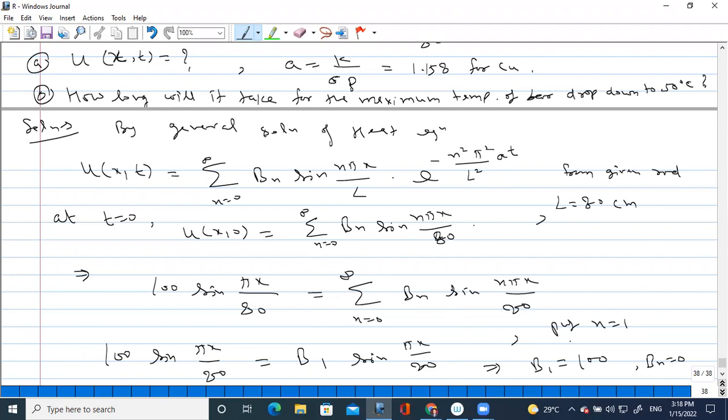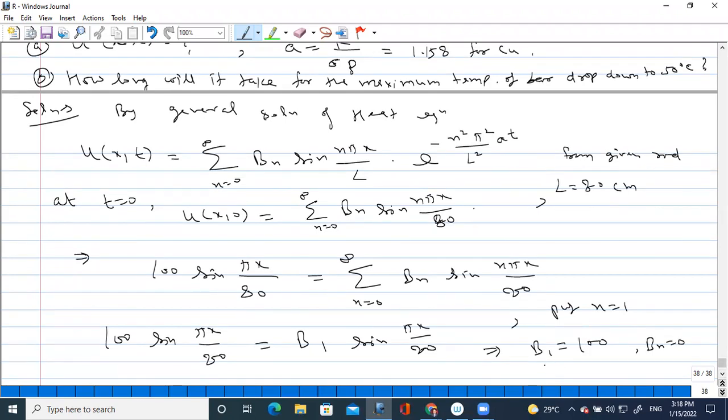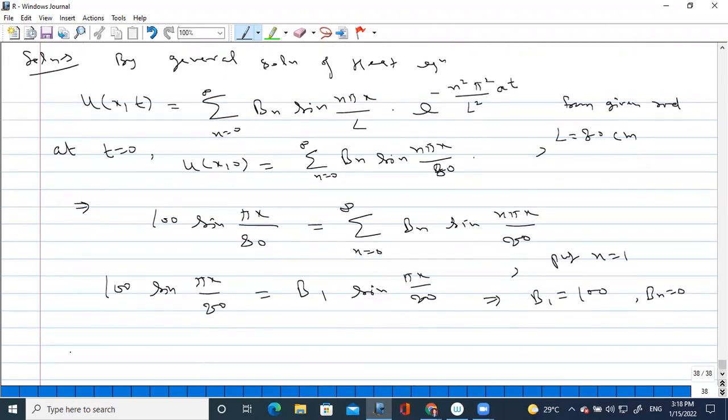Okay, so now you can put this b_1 value here, and n value 1 only you have to put here. So then your complete solution will be, hence, u(x,t) will be summation n equal to 0 to infinity b_n.